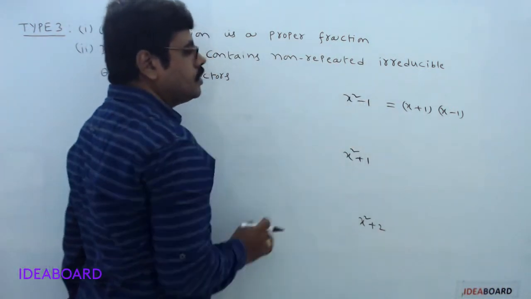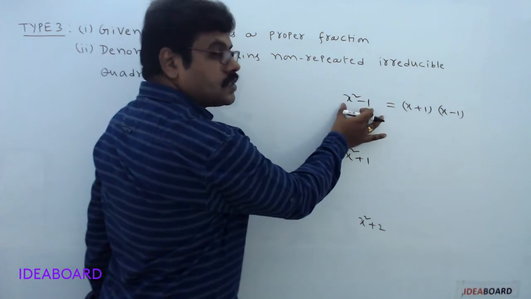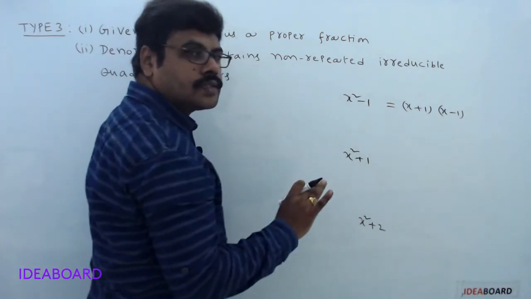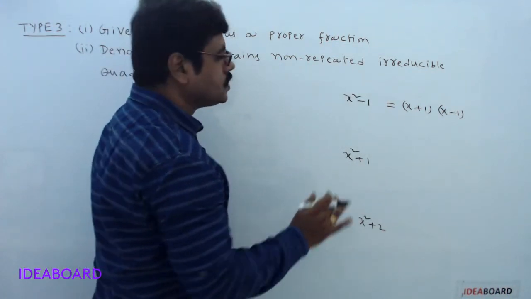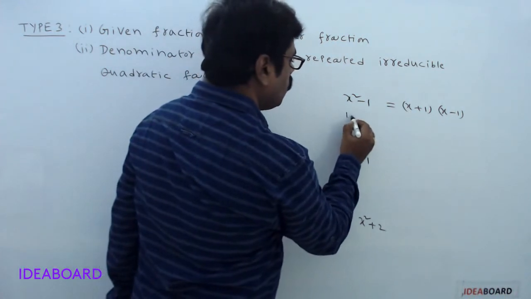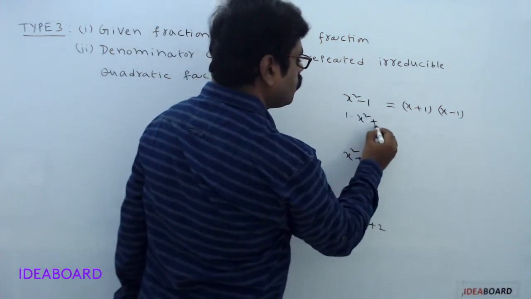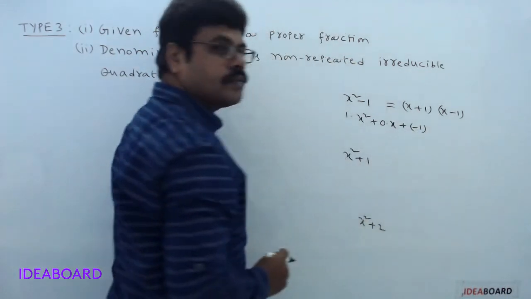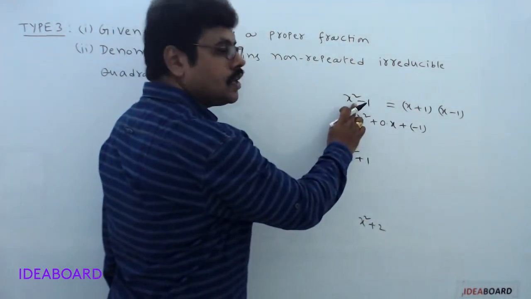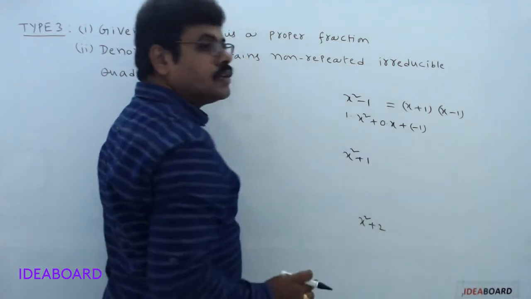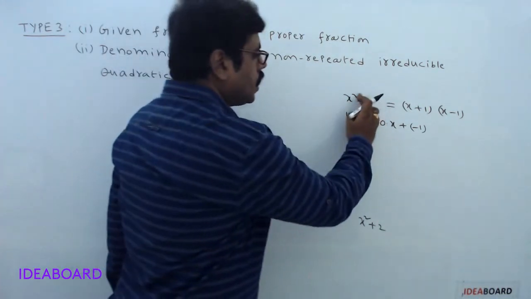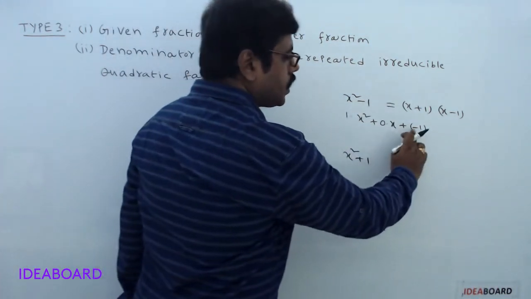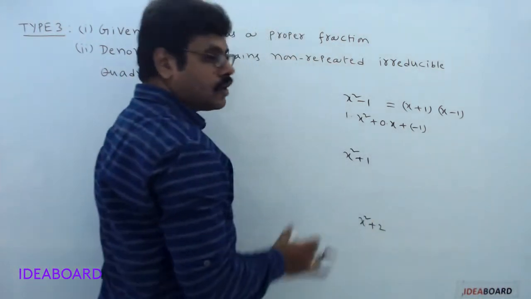Now take this one. First express it in the form of ax square plus bx plus c. It can be taken as 1 into x square plus 0 into x plus minus 1. Here the x term is not there, so I take it as 0 into x. The constant term minus 1 can be taken as plus 1 into minus 1.